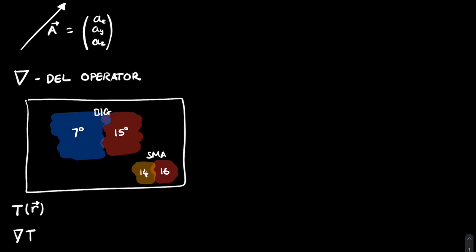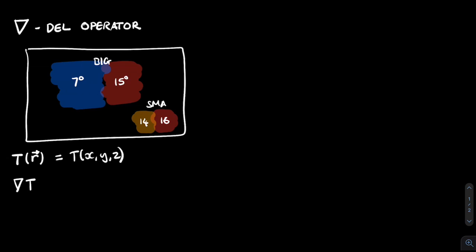So say you're in a Cartesian coordinate system, so r is simply x, y, and z, the three spatial coordinates. Then grad T is going to be dT by dx in the x hat direction, plus dT by dy in the y hat direction, plus dT by dz in the z hat direction.